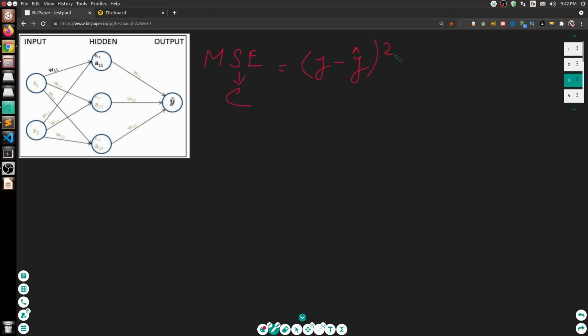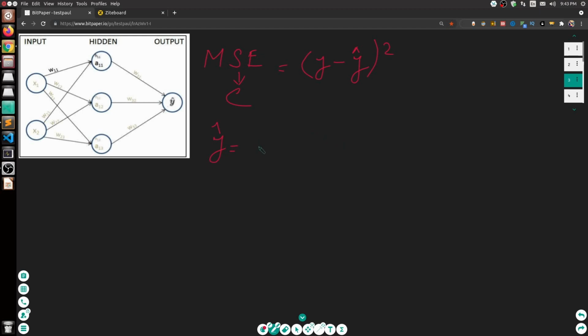And the predicted value y hat is equal to, you remember that we already discussed that the predicted value is a weighted sum of the weights and the values at various nodes.